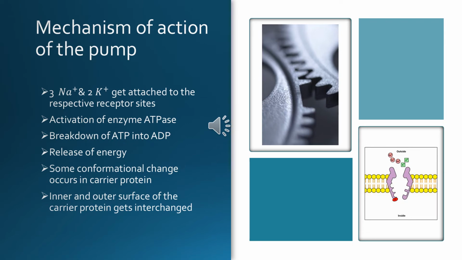the breakdown of ATP into ADP and the release of one high energy phosphate occurs. This liberation of energy causes a conformational change in the structure of the carrier protein, resulting in the interchange of the surface of the carrier protein.